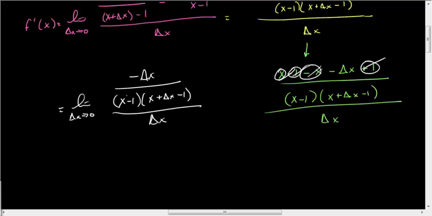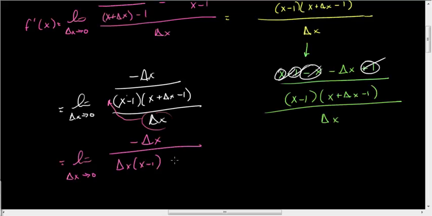And now for this, since this is a fraction divided by a number, this is the limit as delta x tends to 0, and this is going to be a negative delta x. We invert and multiply. This is going to come to the bottom. So it's delta x, x minus 1, and x plus delta x minus 1.